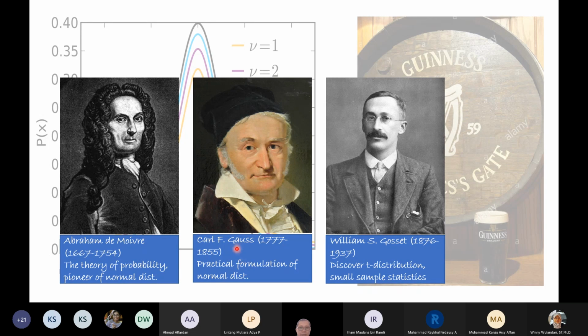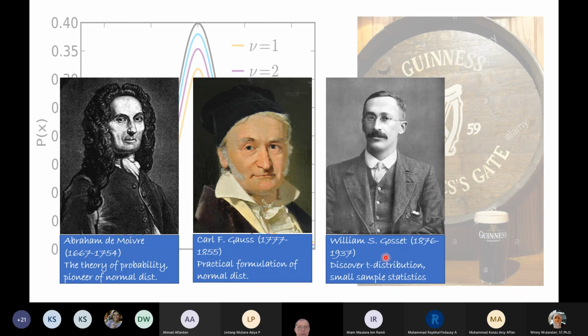And William Gosset is the one who discovered the T distribution, which is very, very useful in the world of statistics because it enables us to draw conclusions based on small samples. We call those small sample statistics. You can imagine how expensive it will be if everything has to be measured with a sample size of over 30.